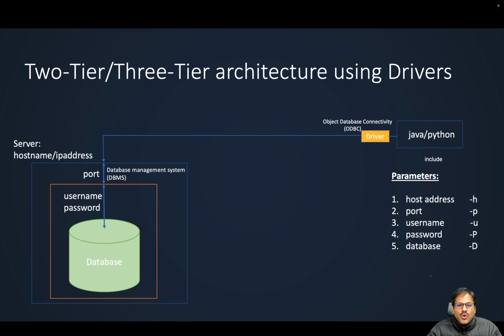One is the host name of the machine, then the port through which the host machine communicates with the database management system, the username, the password, and the name of the database. So these five parameters the user program must contain for communicating with the database management system.